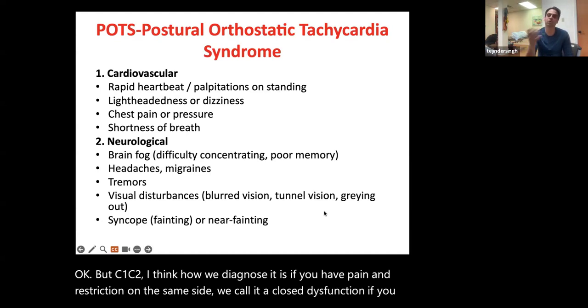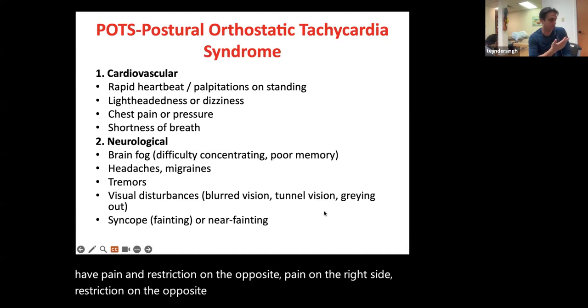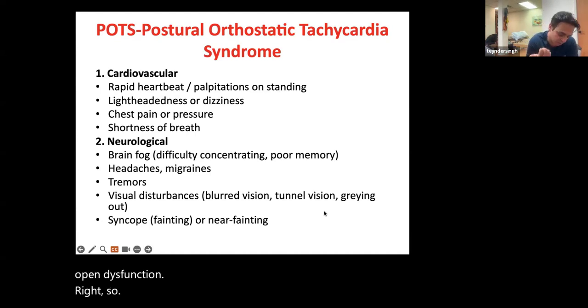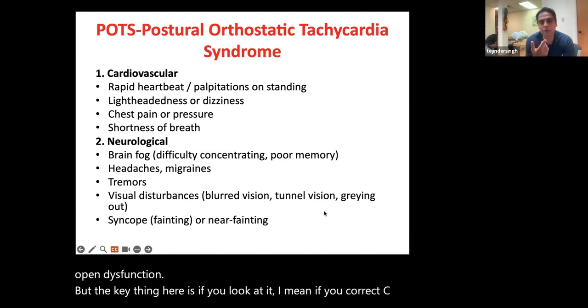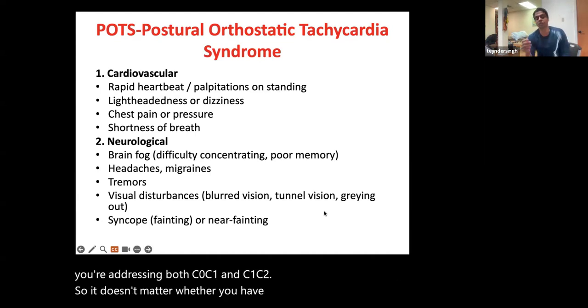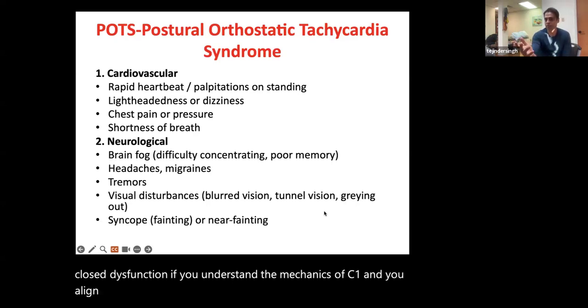If you have pain on the right side and restriction on the opposite side that brings on symptoms, that's open dysfunction, right? But the key thing here is, if you correct C1, you're addressing both C0-C1 and C1-C2. So it doesn't matter whether you have an open dysfunction or closed dysfunction. If you understand the mechanics of C1 and you align it, you're addressing both.